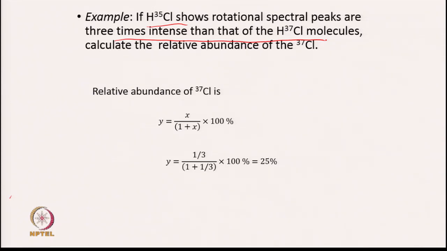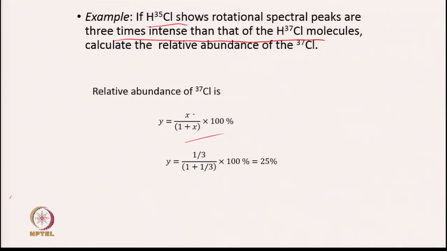Now we have to calculate what is the relative abundance of 37Cl in the molecule. The relative abundance of 37Cl can be calculated using this method, where x is the intensity of the molecule with the isotope with respect to H35Cl.